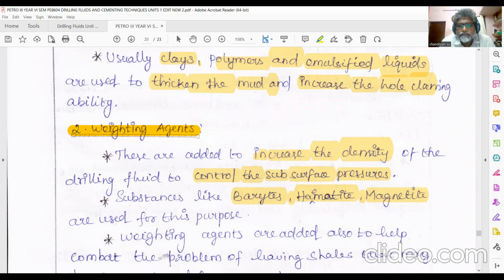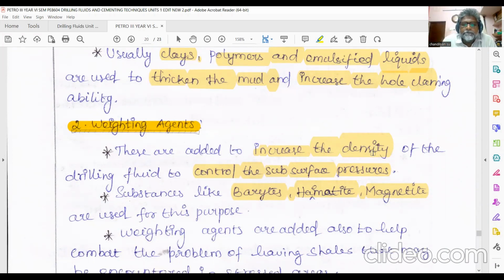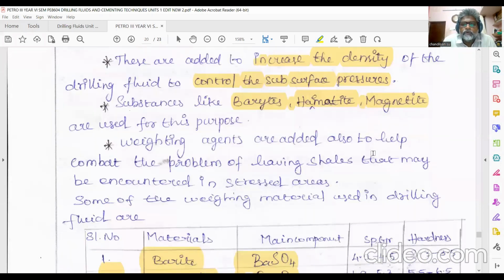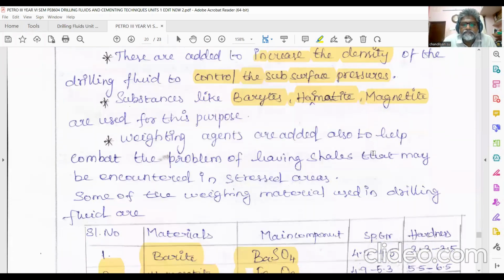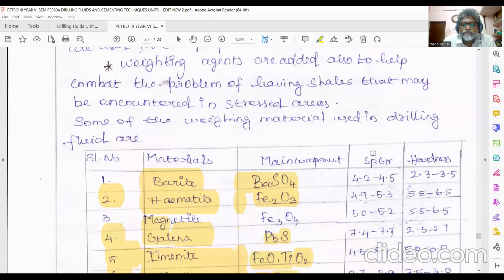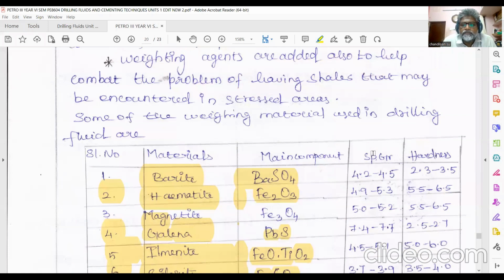Let me repeat it: B-A-R-I-T-E-S. Barites, hematite, magnetite. We saw the formulas of all these in the initial classes. Barite here is BaSO4. The specific gravity and the hardness are given there.